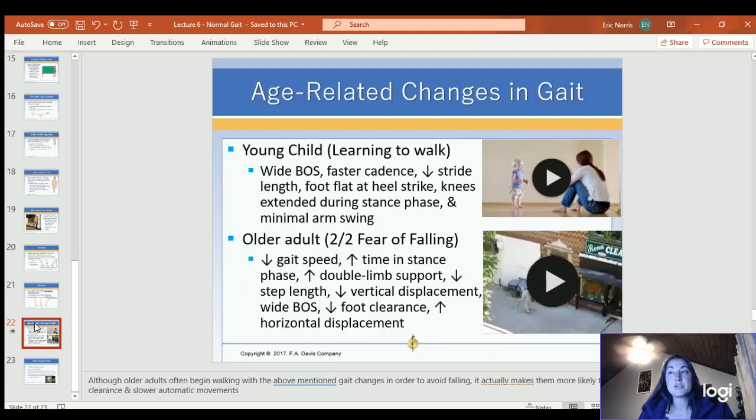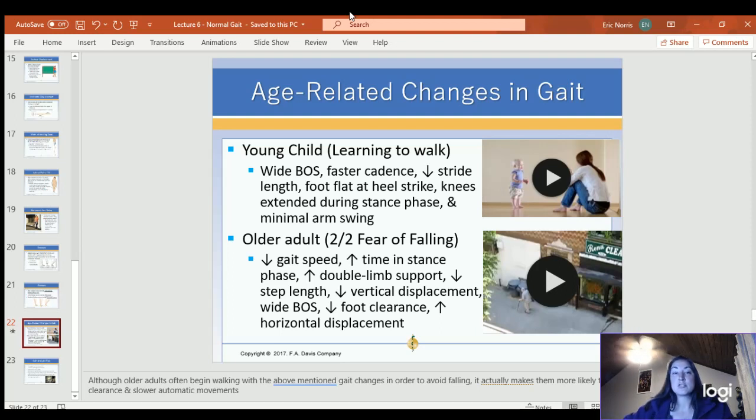There are some differences in different phases of life. So in a young child that's just learning to walk, they have a wider base of support. This is still considered normal gait for them. A wider base of support, faster cadence, so they're taking quick steps, decreased stride length, which basically allows them to have less time in swing phase and more time in double limb support.